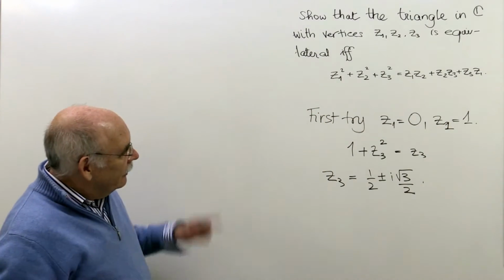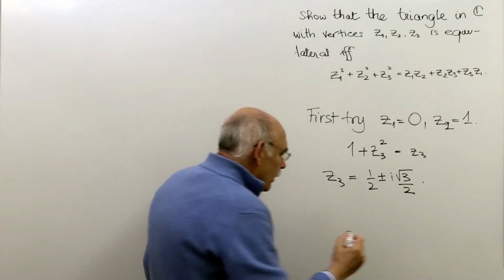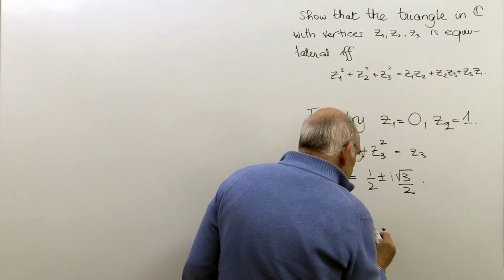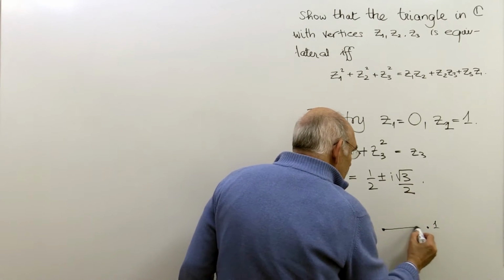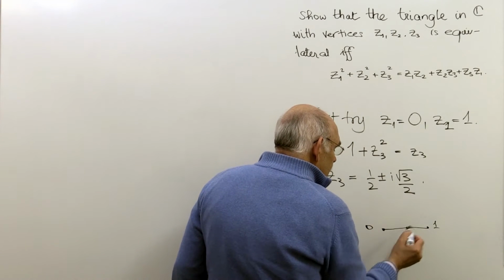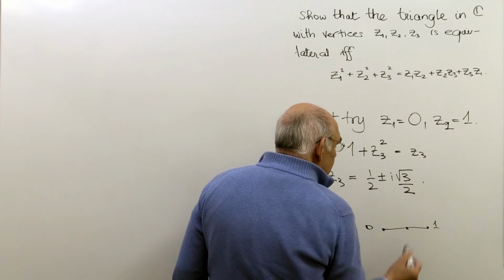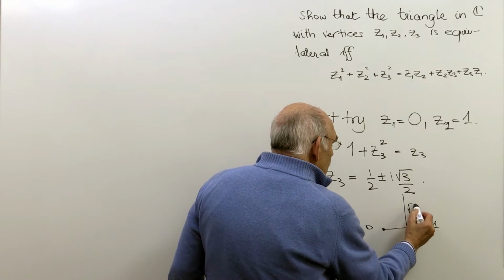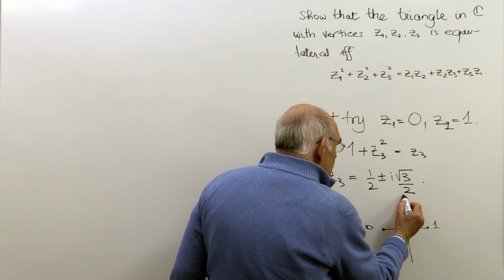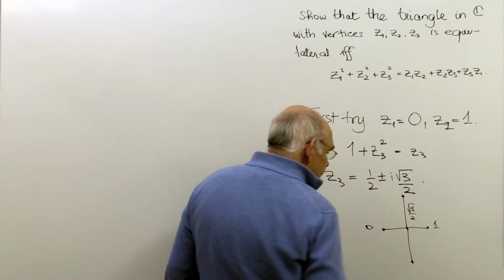Now, what is that telling us geometrically? Well, here is 0, here is 1, and the 1/2 is saying we're halfway between these, and then we're going either up or down root 3 over 2 to here or here.